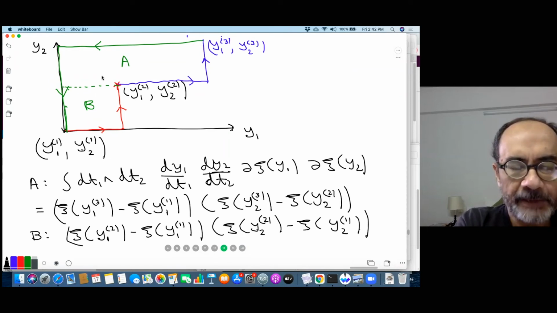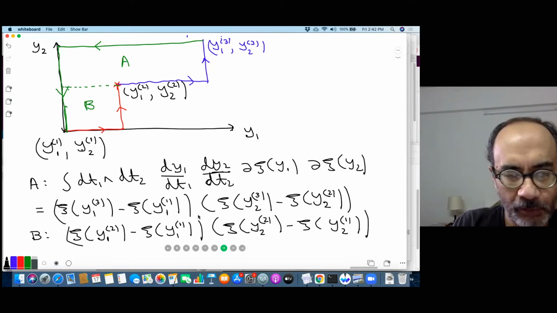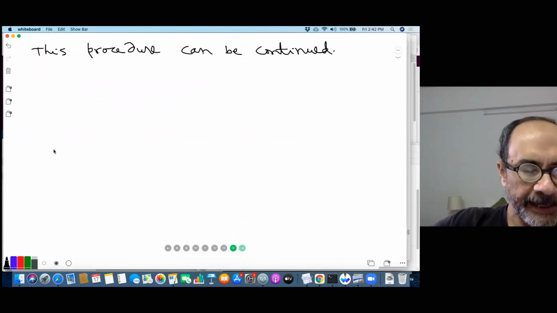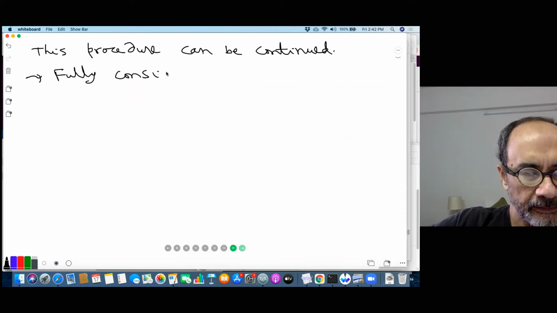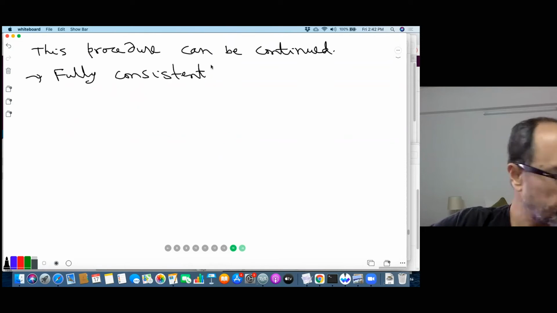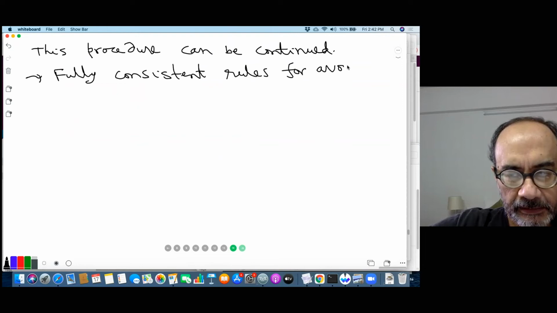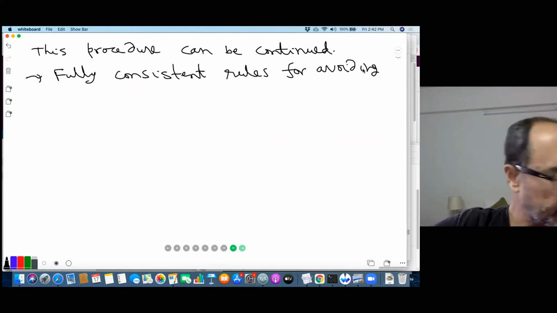But if you have 3 or more PCOs, then you have to keep continuing this process, because there will be further gaps. And at the end, it gives a fully consistent set of rules for avoiding spurious poles.